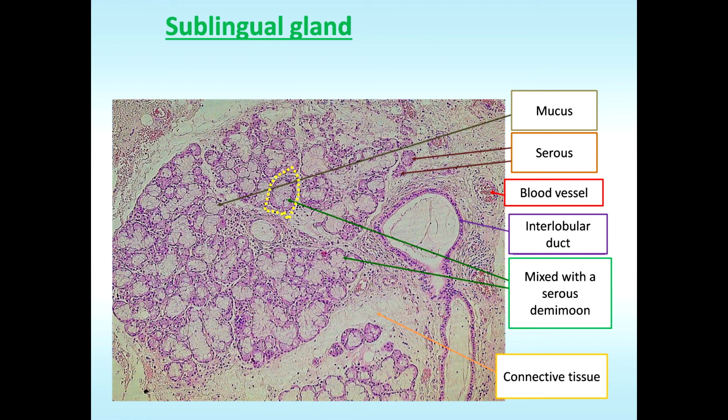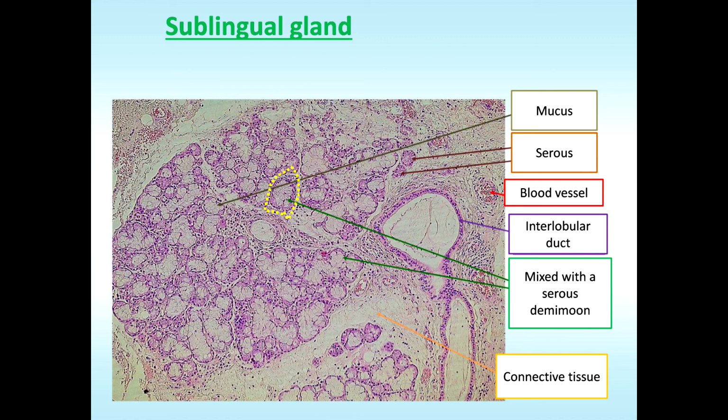With the yellow dotted circle, we have an independent acinus. You can observe that the center of the acinus has no staining. This is because we are observing the mucus secreting cells. In the periphery, we can see better staining, especially in the lower part. This is because we are observing the serous secreting cells, which make the cap that we call the demilune.